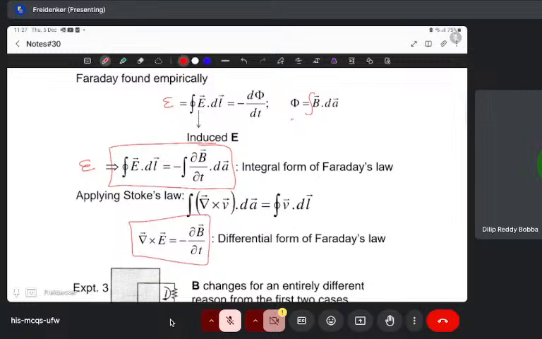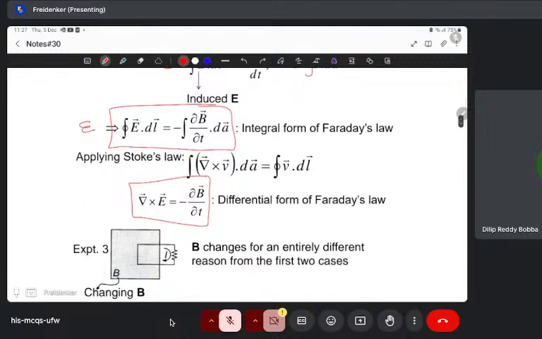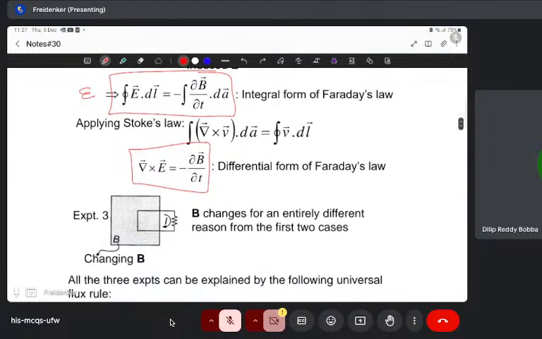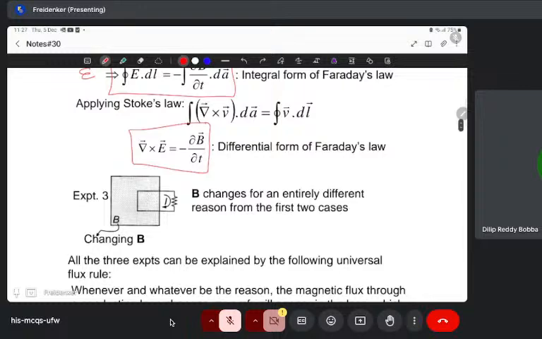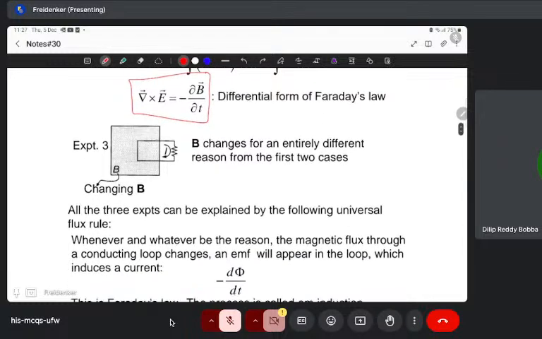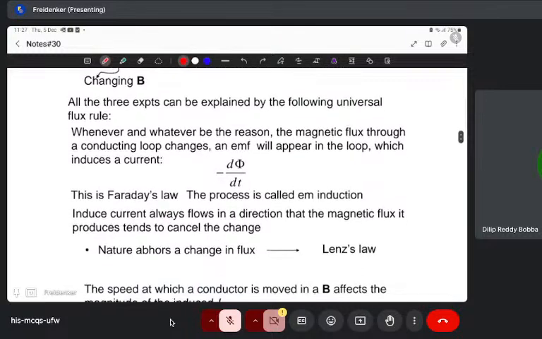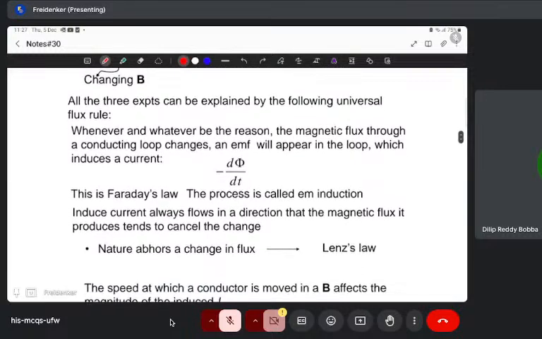This is the magnetic flux I was talking about. Stokes law, gradient theorem, Gauss divergence, all of these will not leave you. Maybe just see how to use them. Nice. So curl of electric field is minus dB by dt. Fine. So whenever there is a change in magnetic flux, you will generate an EMF, and that EMF is equal to this.